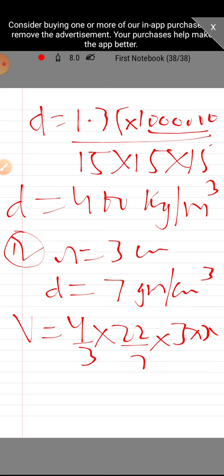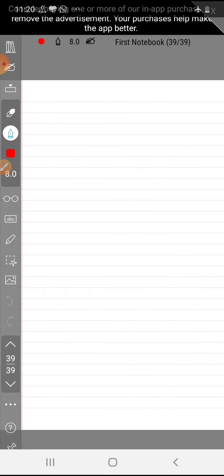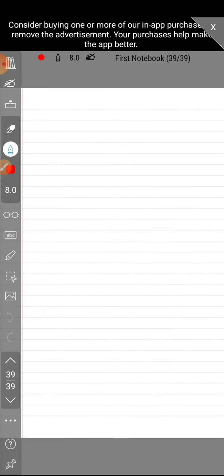I will have to write 3 three times, so I will write this 3 down, so this 3 will get cancelled. So volume is equals to, this 4 will be multiplied to 22 and these 3 will become 9, divided by 7. Now this is the volume. So now we have to calculate mass. So we know that density is equals to mass upon volume.